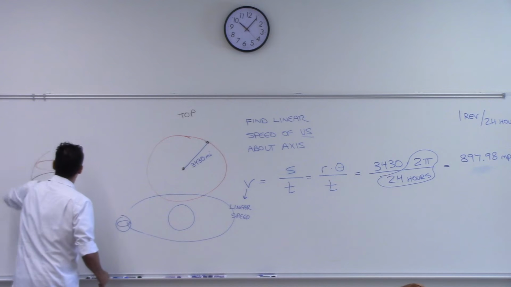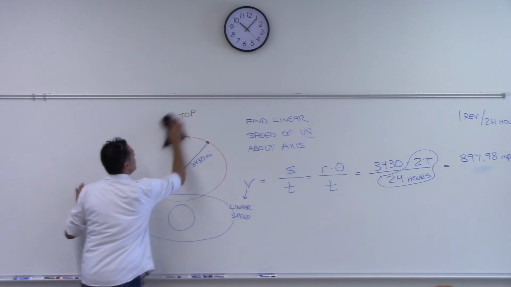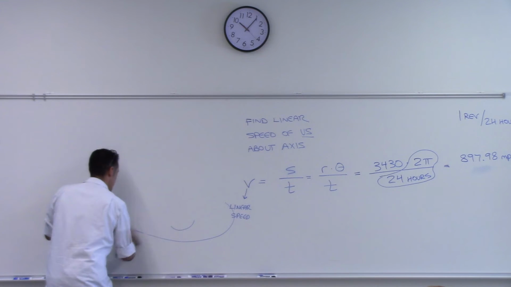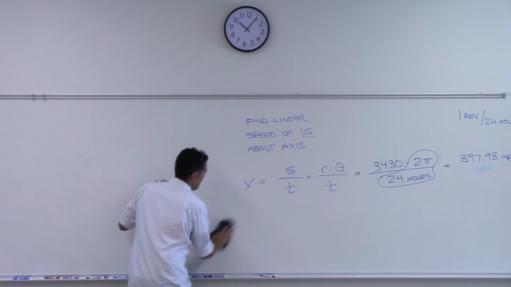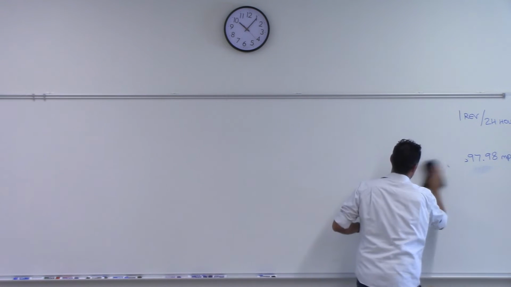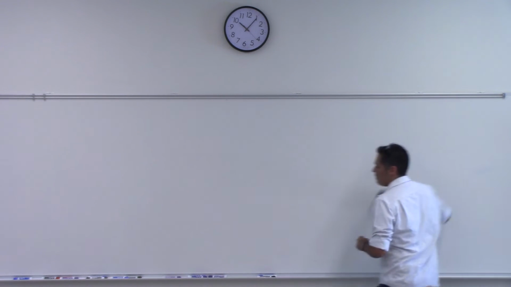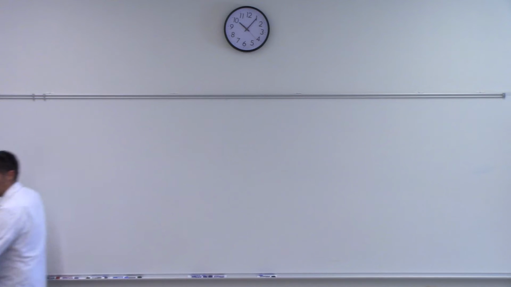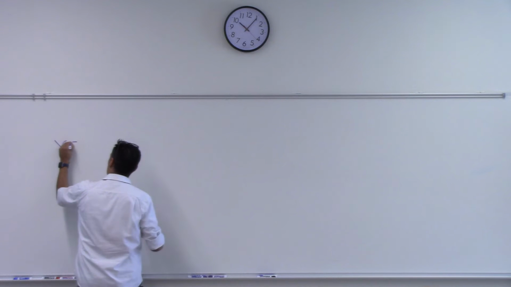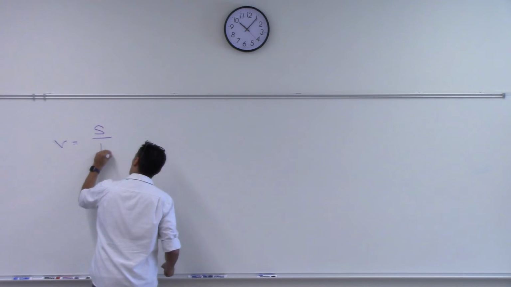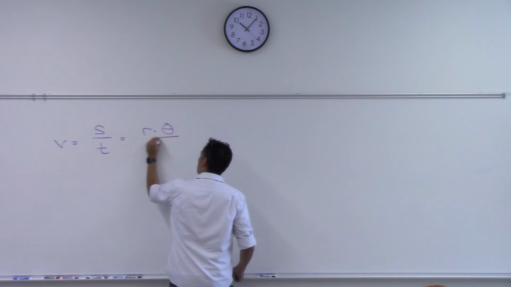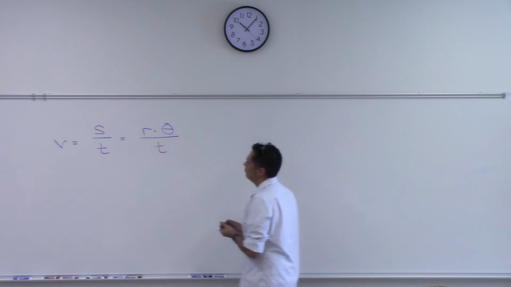I think I'm ready to just talk about one last thing here, and then we'll move on to the next section. So we've been using this formula right here, and every time we've done this, we've broken down the top to be r times theta over t.